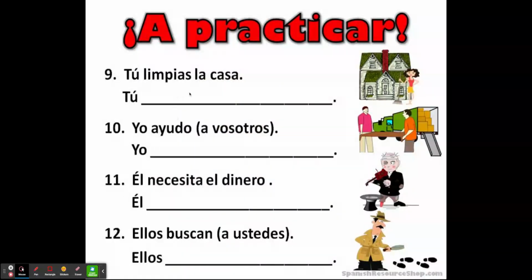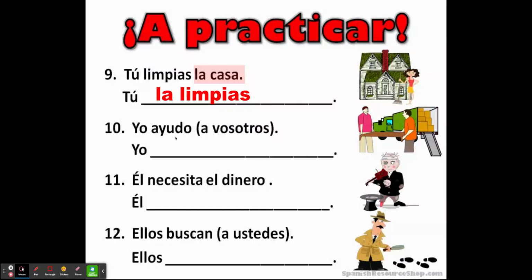Let's continue. Tú limpias la casa. And then if you identify la casa, you're correct. And then replace this and simplify this sentence. La limpias.